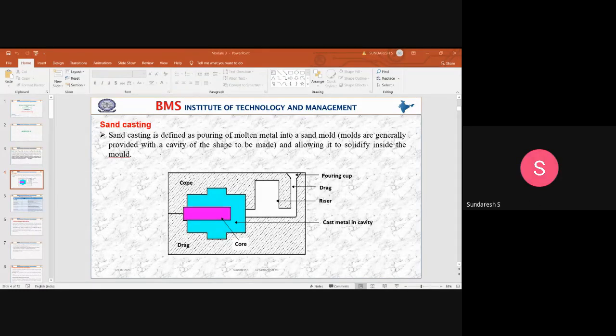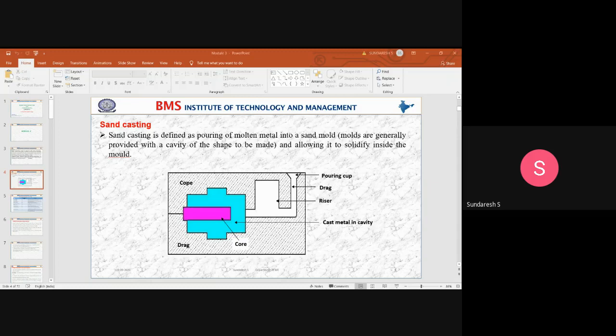Other half of the pattern is placed in the cope, sir. No, I'm asking you about the drag only. In the drag, whether first you will keep the pattern and then fill the sand, or first fill the sand and keep the pattern afterwards? First we'll keep the pattern, then we'll fill the sand. Yes. First you have to keep the pattern and then fill this drag with the sand.